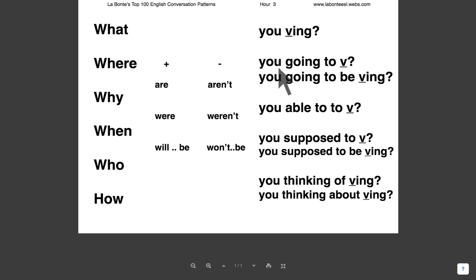So I would begin by, once again, just as we've done before, taking one pattern at a time. Are you studying? I'm studying. Aren't you studying? I'm not studying. Weren't you studying? I wasn't studying. Then we go down to here. Are you going to study? Are you going to be studying? Make a couple combinations of this, and constantly go back and review.